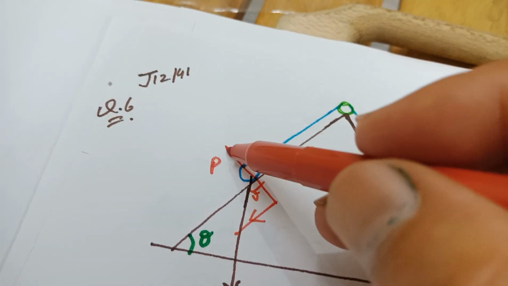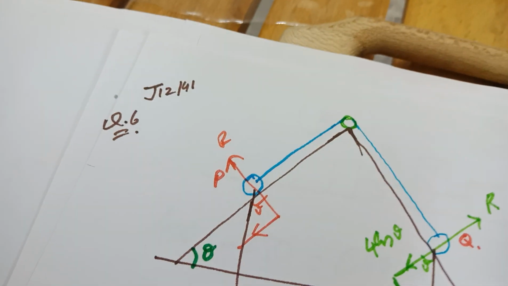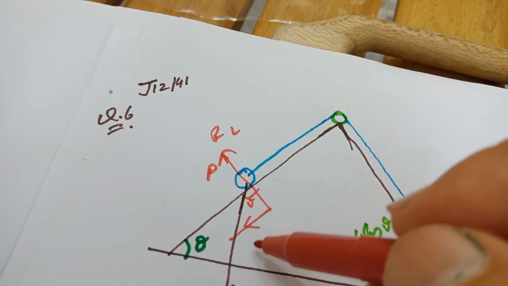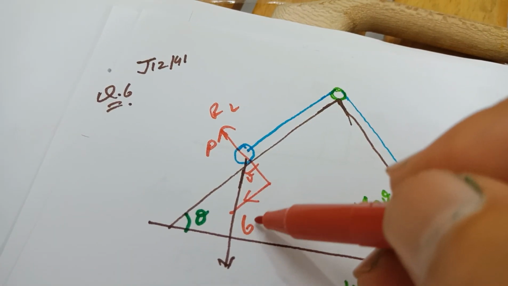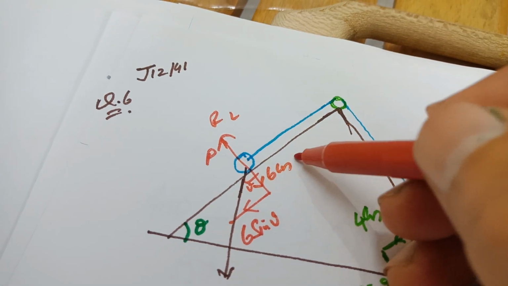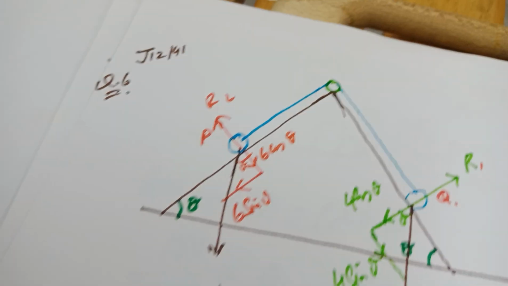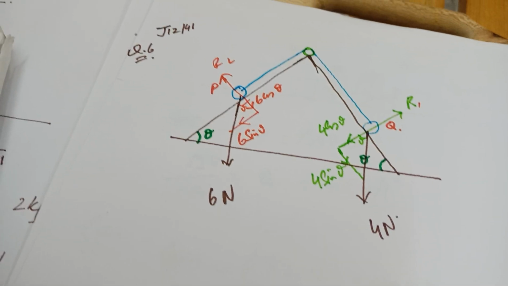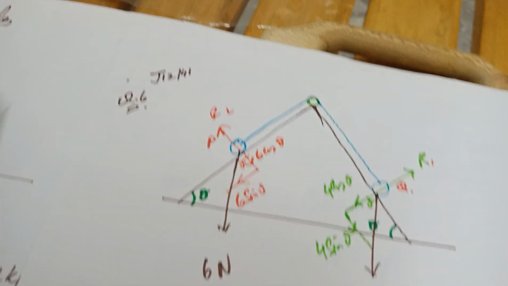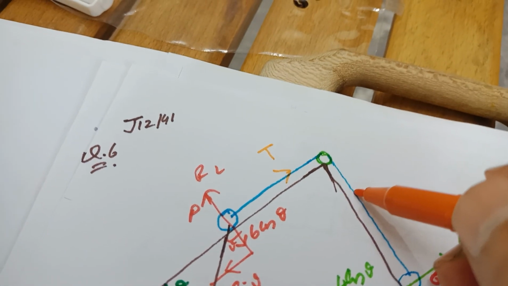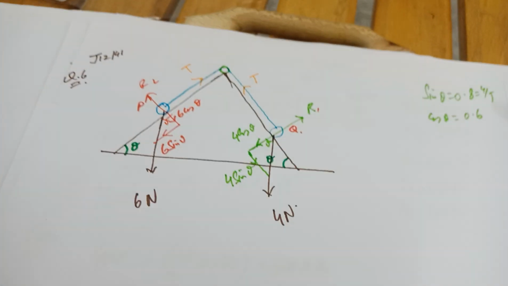This is theta over here, this is its R. Let me call this R1 and this is R2. Now this is going to be 6 sine theta, and this one is going to be 6 cos theta. And obviously the tension has to be shown in the string, which will be the same. This is the tension T and this is the tension T over here.